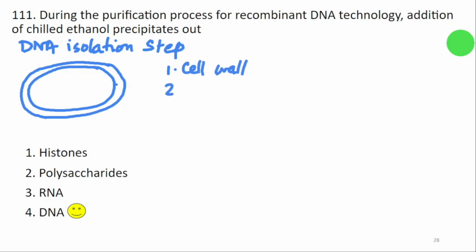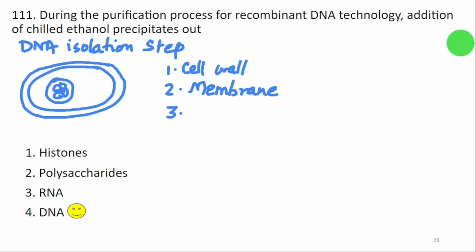Next step would be to get rid of the membrane. Next, this is the nucleus. So nuclear membrane will also be digested simultaneously when the cell membrane is dissolved. And then all the cell content will come in the test tube.